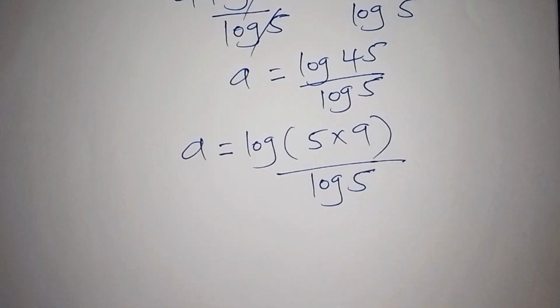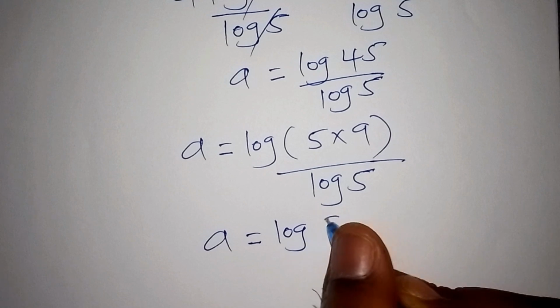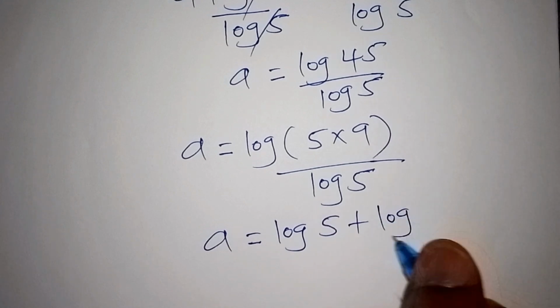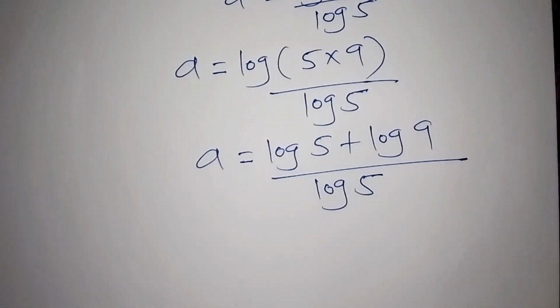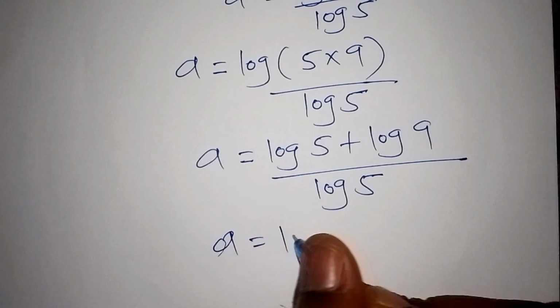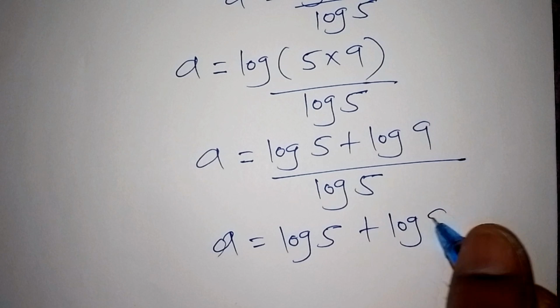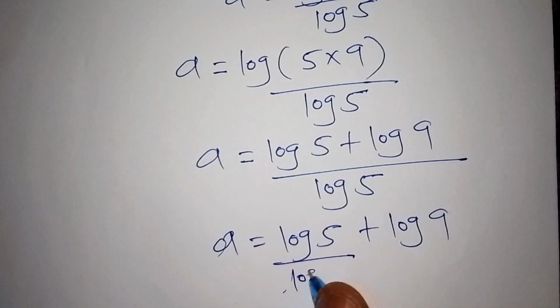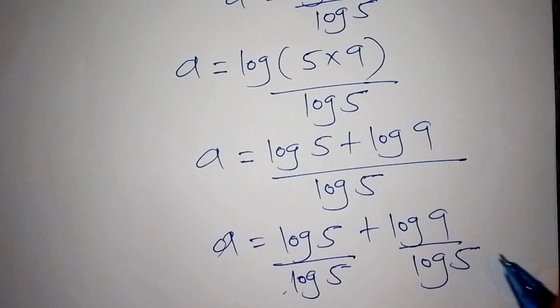According to the law of logarithms, we can also express it as a is equal to the log of 5 plus the log of 9 all over the log of 5. From here we can split the equation, dividing the log of 5 plus the log of 9 by the log of 5, and this side also by the log of 5.